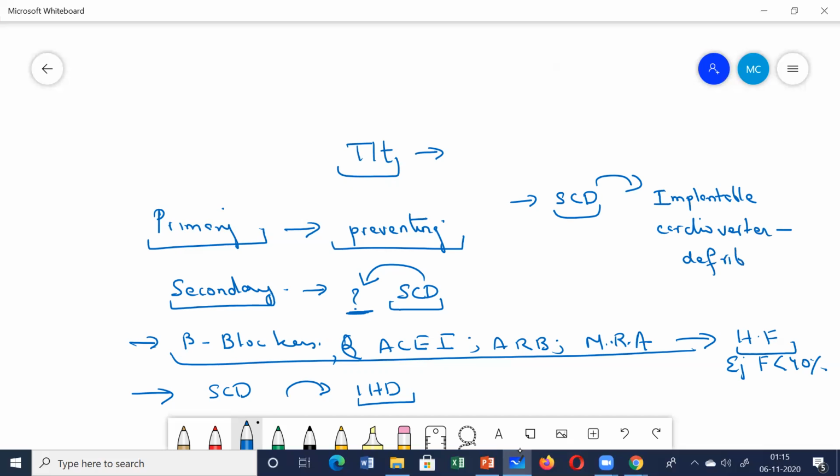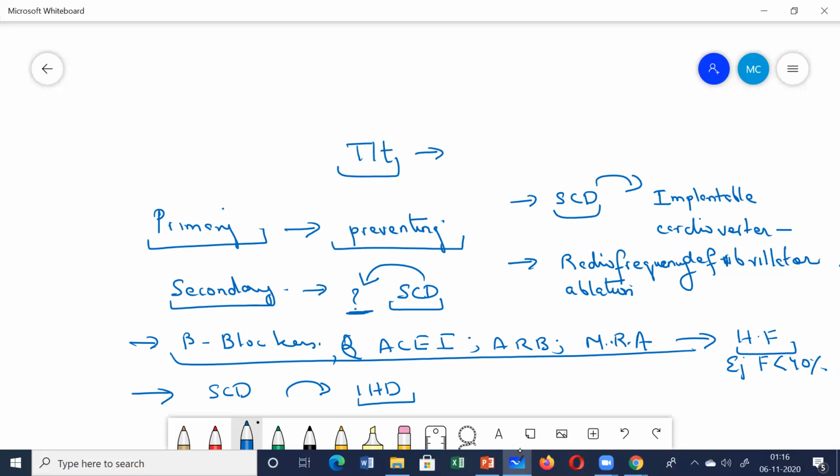Why take risk? We implant a defibrillator. Implantable cardioverter defibrillator is the primary modality in most of the patients. And in uncommon conditions, like WPW syndrome or any AV bypass tracts, bundle branch block associated ventricular tachycardia, we usually go for radio frequency ablation of the bypass tracts.